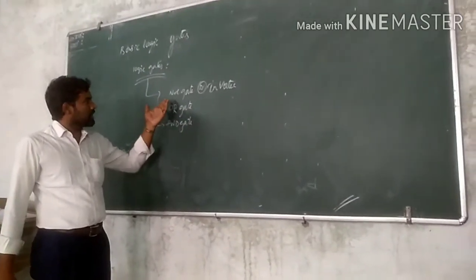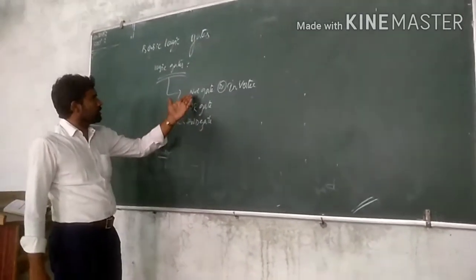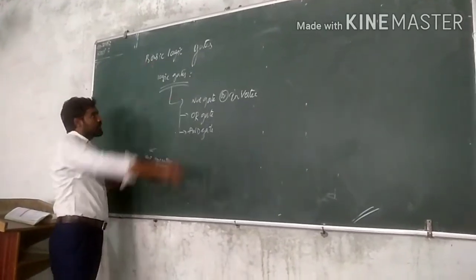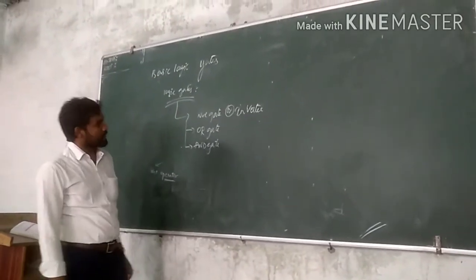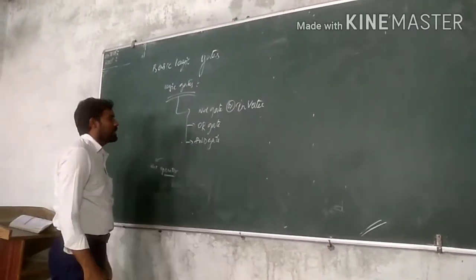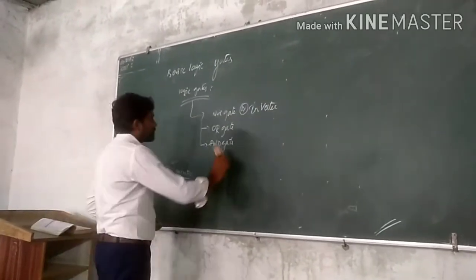Clear? In the previous class we took the NOT operation, OR operator, AND operator. Now we are going to use the NOT gate, OR gate, AND gate. So these are the three types of basic logic gates. The NOT gate is sometimes also called an inverter, then the OR gate and the AND gate. Let us go one by one.